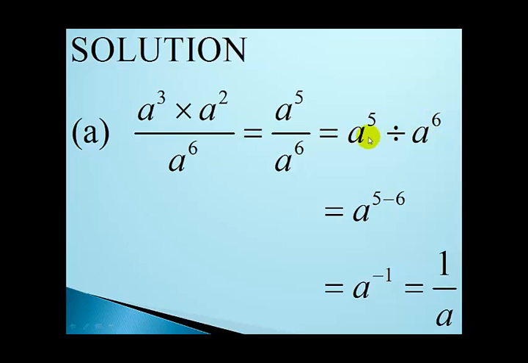And so a^5 divided by a^6 is equal to a^(5-6), and 5 minus 6 gives us minus 1. This means that a^(5-6) is equal to a^(-1). And a raised to the power minus 1 is equal to the reciprocal of the number, that is 1 over the number.